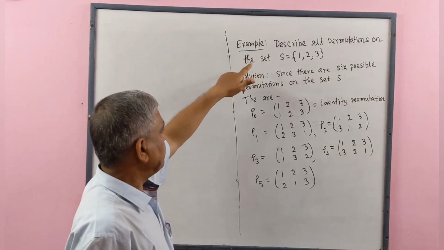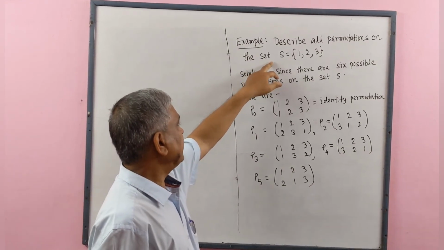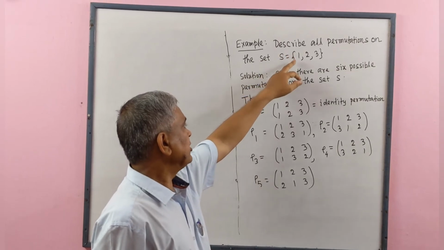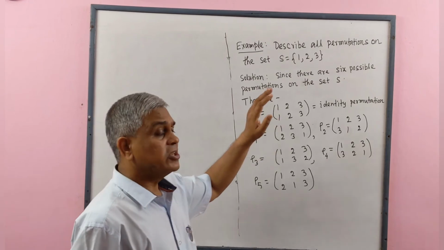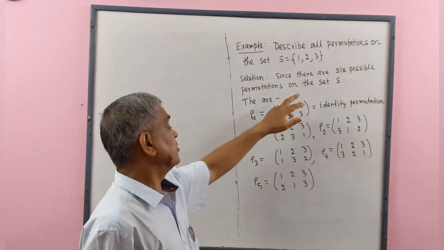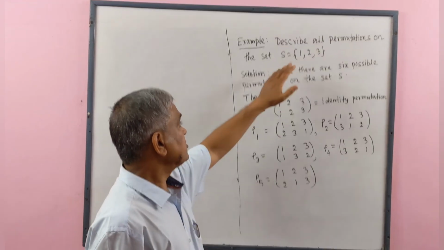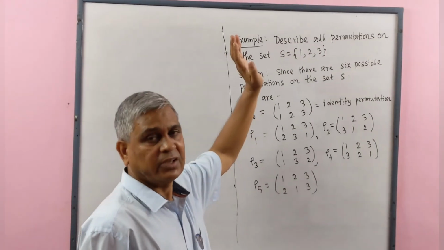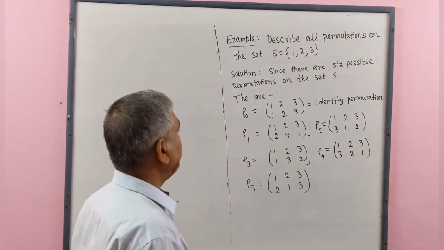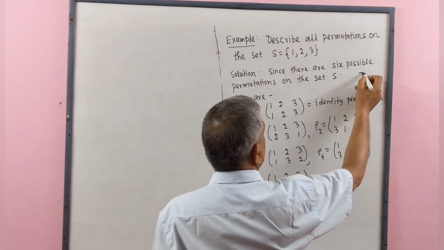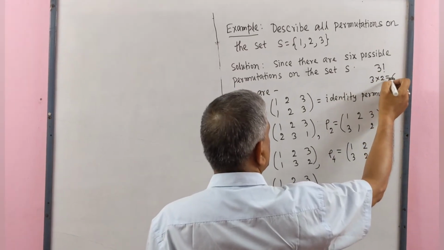Now we give an example. Describe all permutations on the set S containing elements 1, 2, 3. Since S contains 3 elements, there are 6 possible permutations on S. So the number of permutations is factorial 3, meaning 3 multiplied by 2, equal to 6.